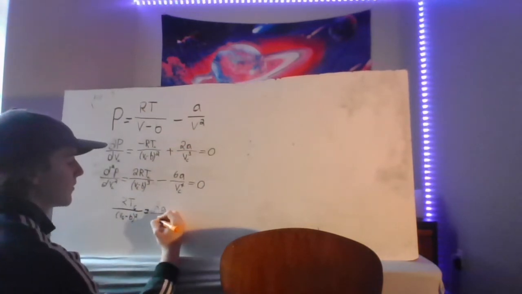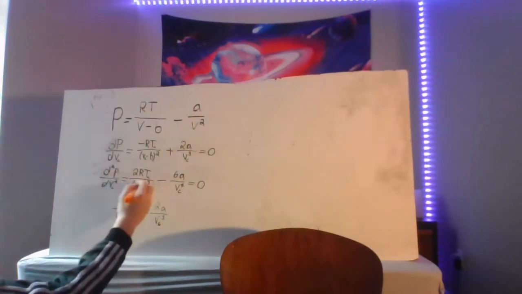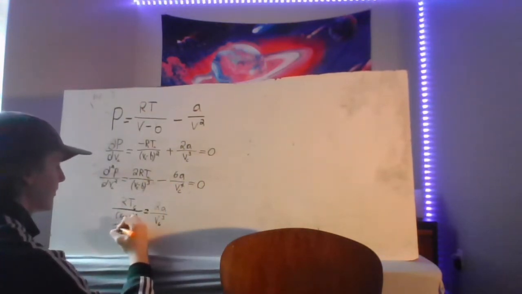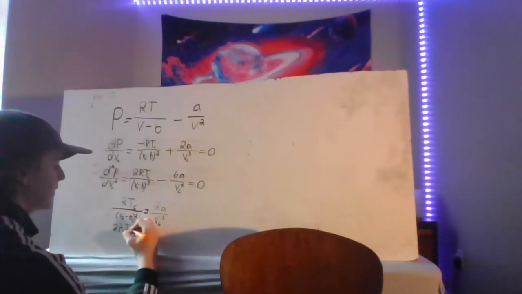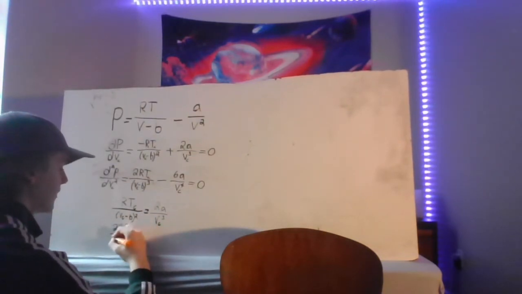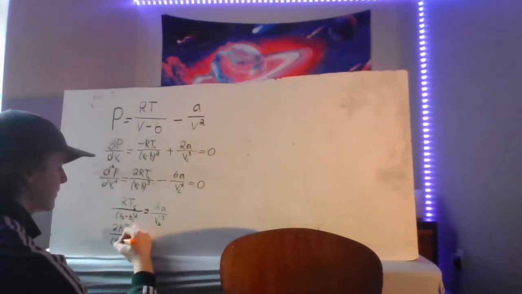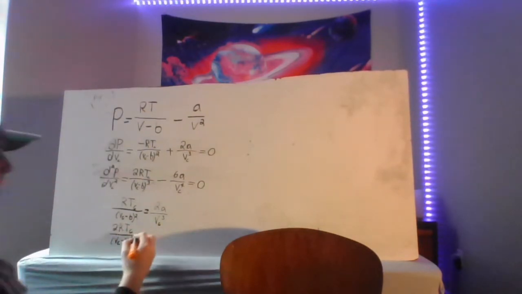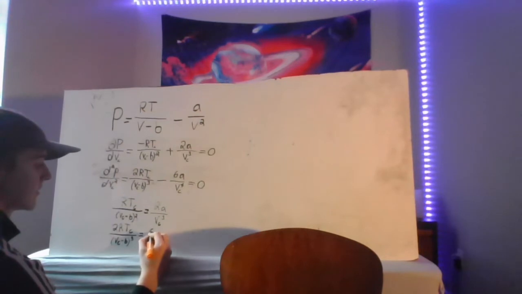So now RTc over (Vc minus b) squared equals 2a over Vc to the third. And then our other one is going to be 2RTc over (Vc minus b) to the third equals 6a over Vc to the fourth.